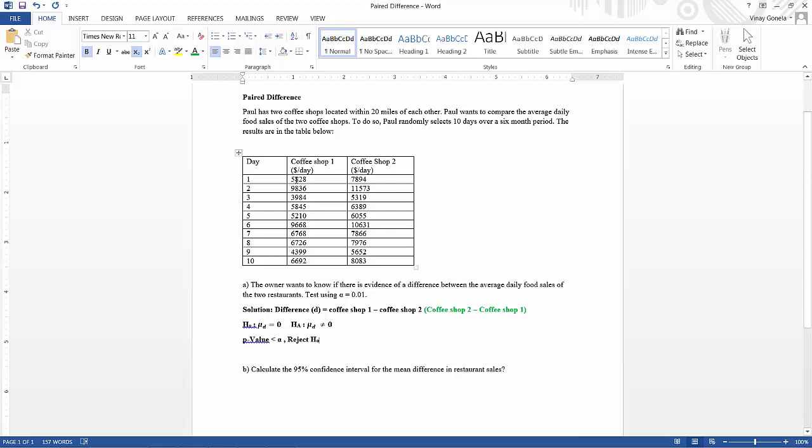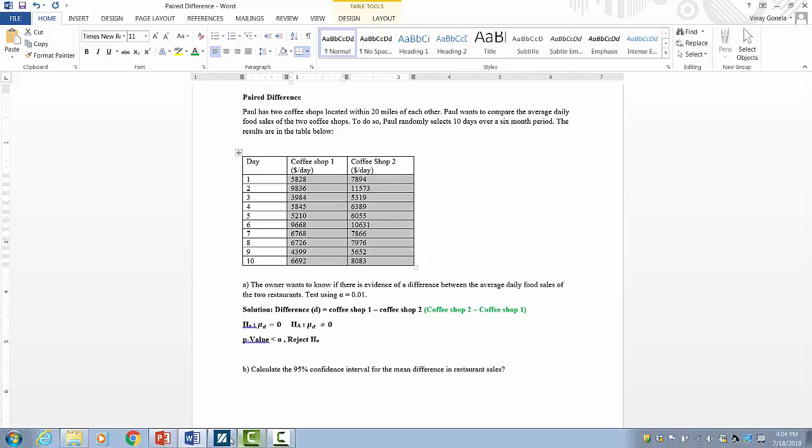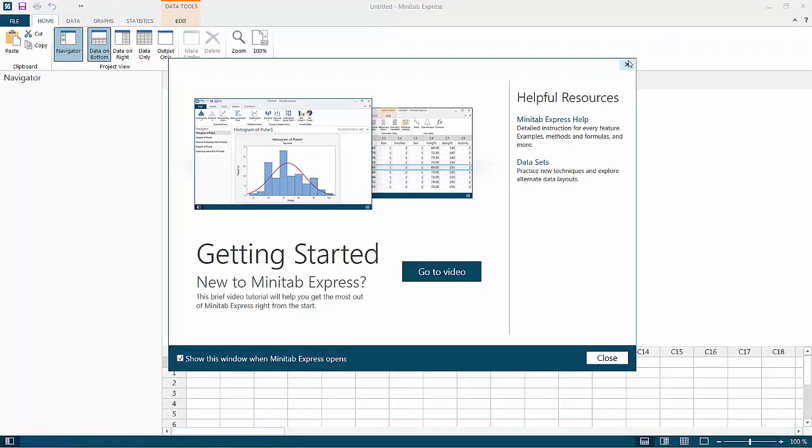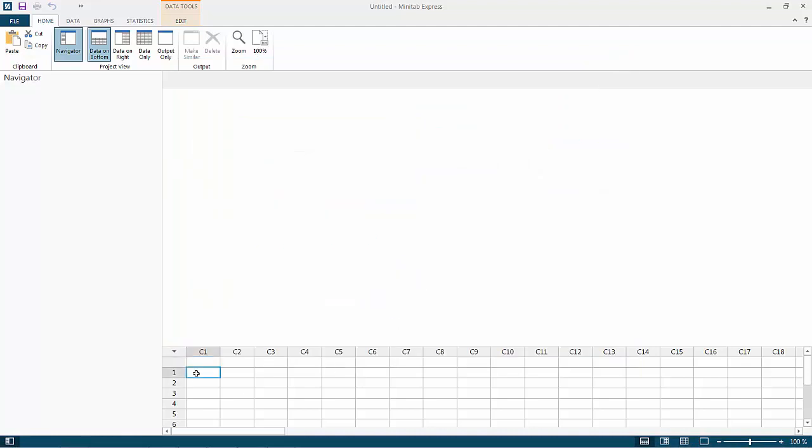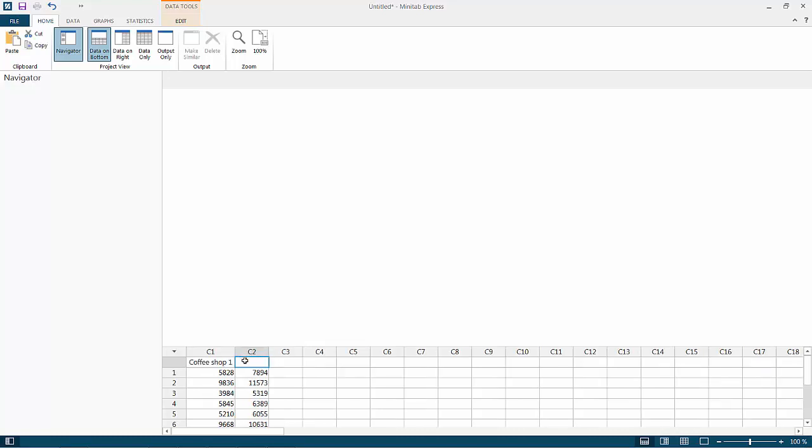So let's take this data set and solve this problem by using Minitab. I will copy this data into Minitab, and this is our coffee shop 1, and this is our coffee shop 2.